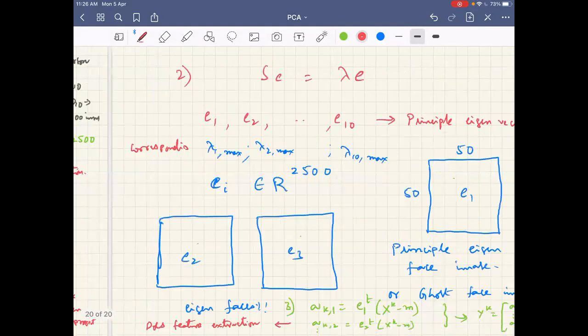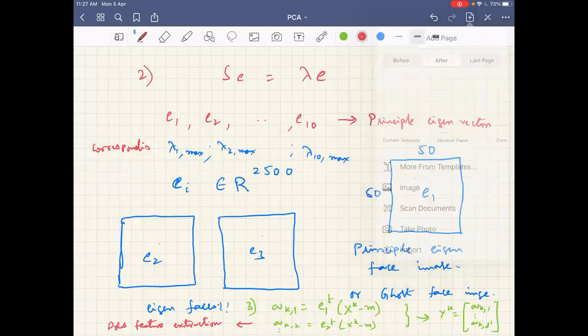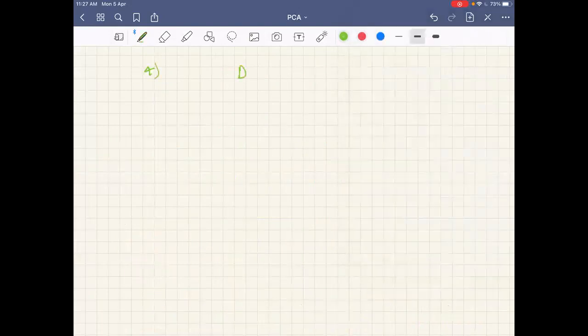So if I want to perform the classification as the fourth step, what I essentially do is, instead of computing the distances between xt and xk, we now compute yt minus yk, whole square.